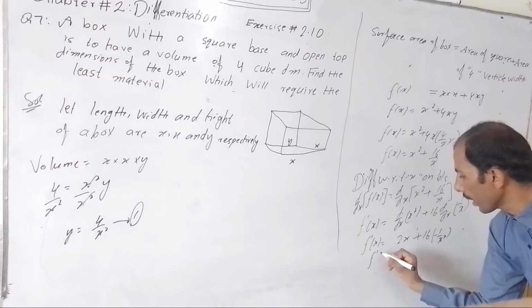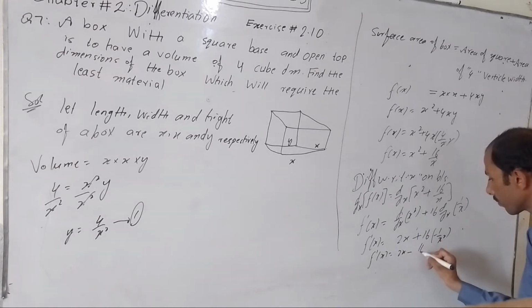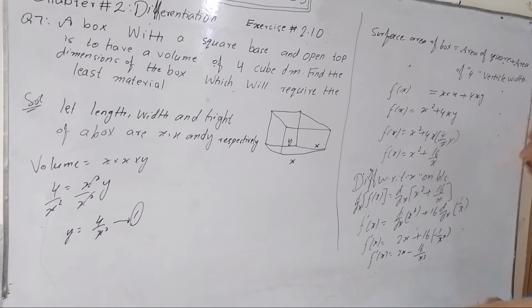So f prime of x is equal to 2x minus 16 divided by x square.